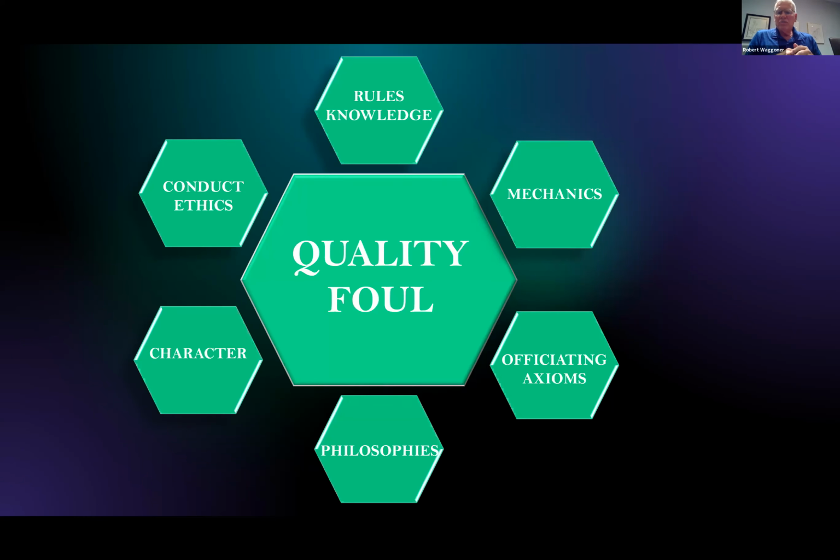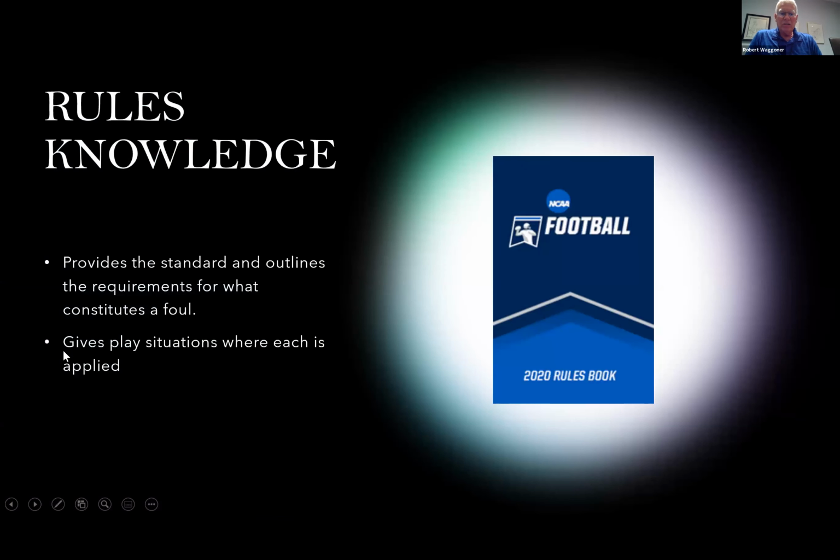One of the biggest things we're out there to do is keep an even playing field. We're supposed to be unbiased, not have an impact on the game in the sense that we're playing a role for one side or the other. We're trying to keep an even playing field and assure that people aren't gaining a particular advantage over their opponents.